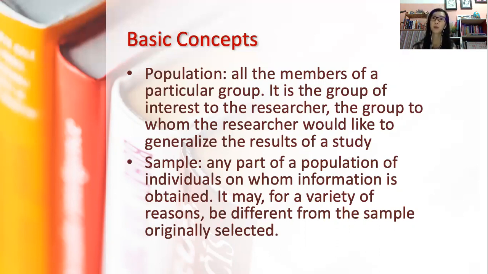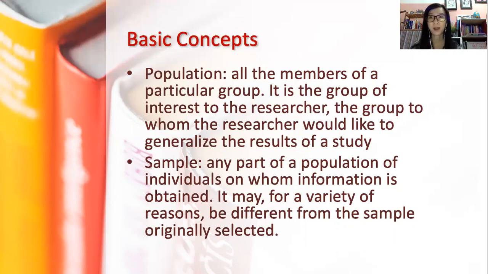When we do research, we have three levels of analysis or target analysis. The first one is what we call the macro level, and then we have the meso level, and then we have the micro level. Macro means the big ones, right?